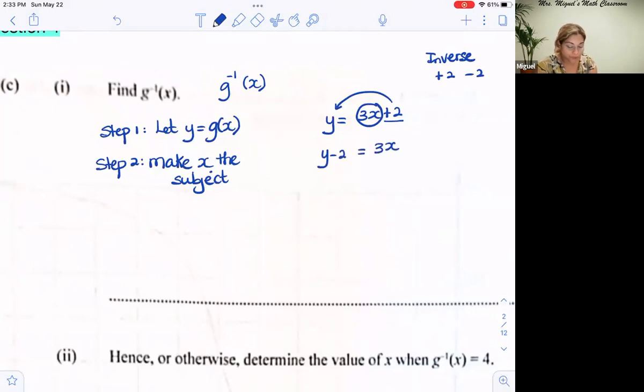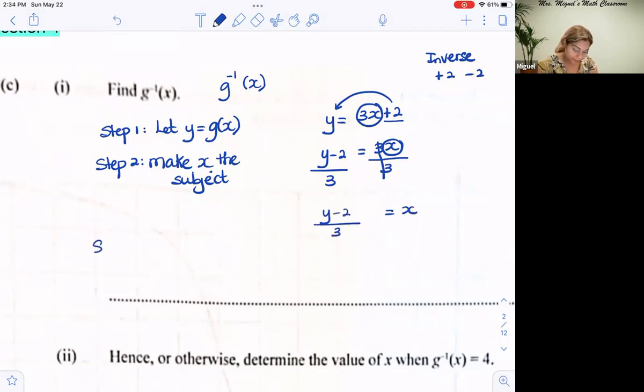I do not want 3x, but I want x. So the number in front of the x tells me how much I divide both sides by. And we know for an equation, whatever operation we do to one side, we do the same thing to the opposite side. So dividing by 3, this is going to cancel. x is y minus 2 over 3.